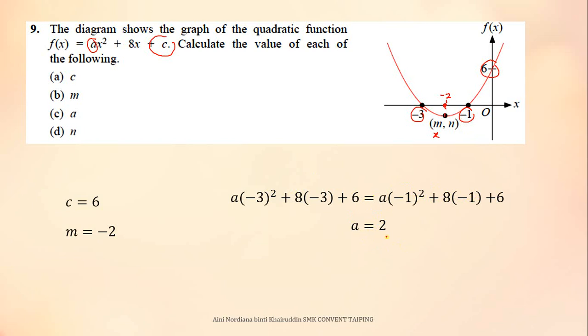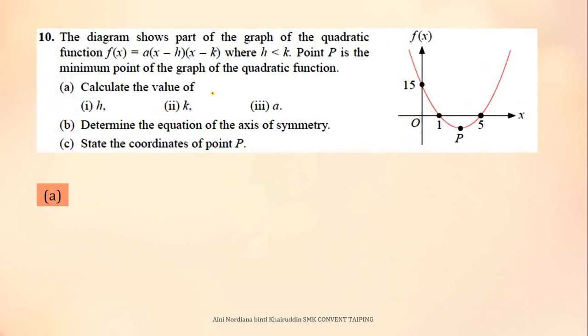So a equals 2. For value n here, you just substitute the value of x here with negative 2, because the value of x here just now is negative 2, then you get the value of n here.